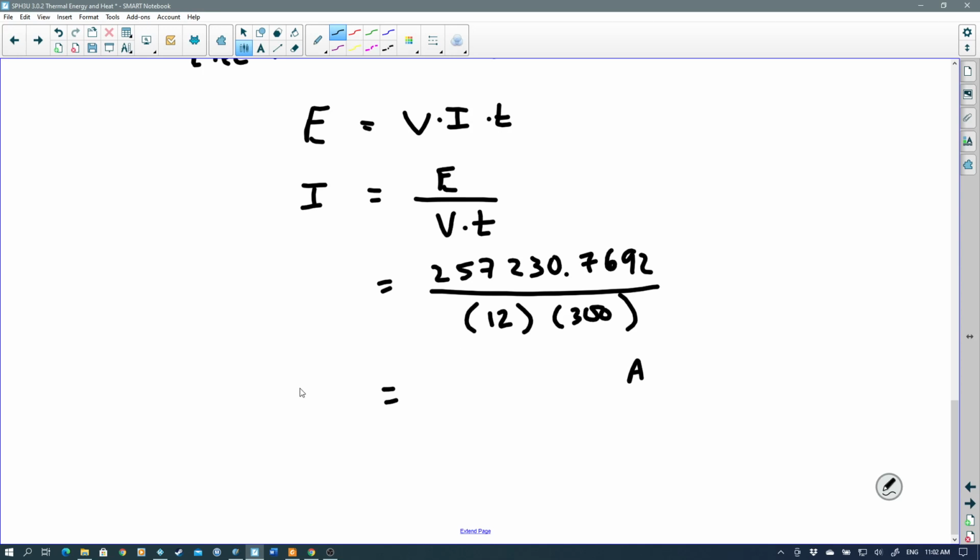So I'm going to do that calculation off to the side here: 257,230.7692 divided by the bracket 12 times 300. And the amount of current required to do this is going to be approximately 71.5 amps.